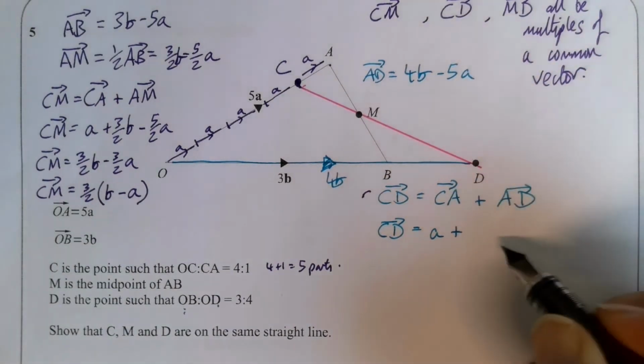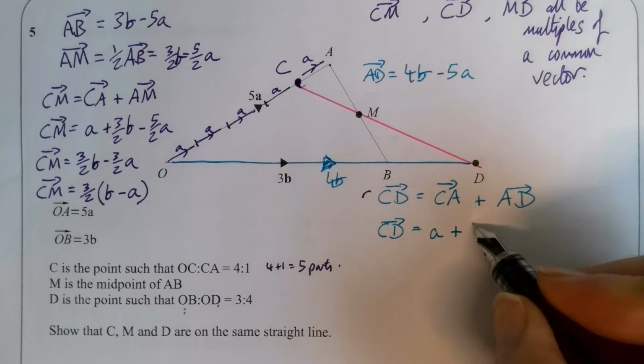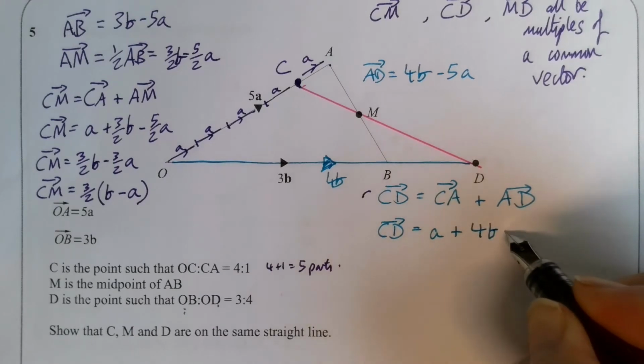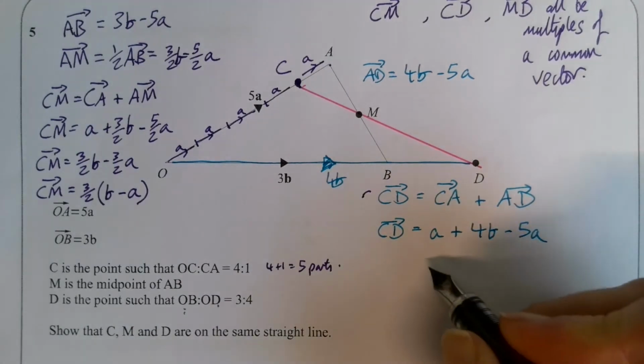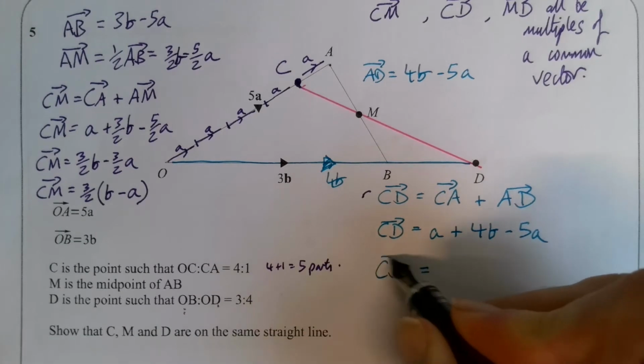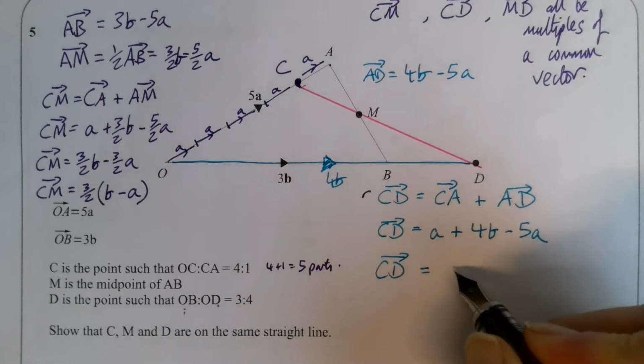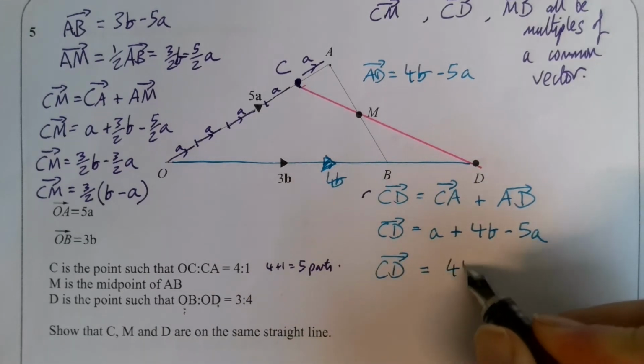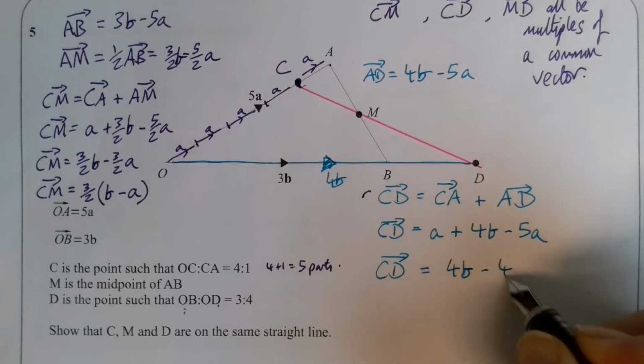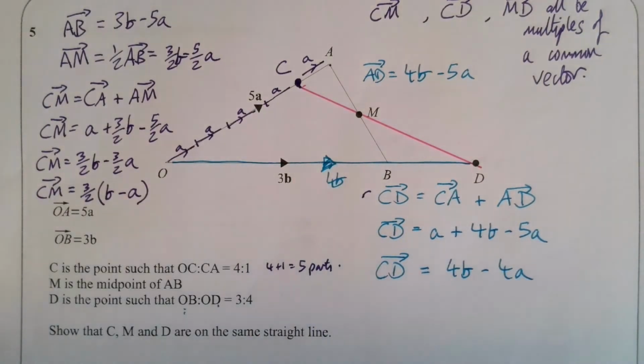So if I put that down here now, I've got 4B take 5A, which I can tidy up to call 4B take 4A, because 1 take 5 is negative 4.